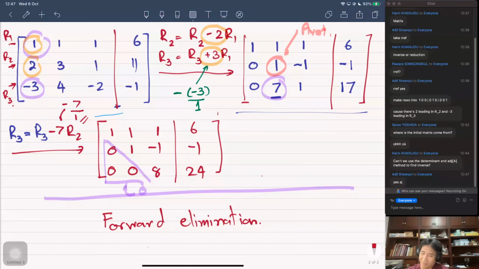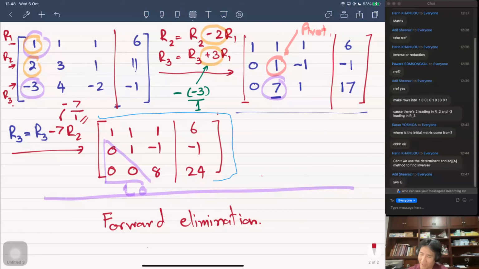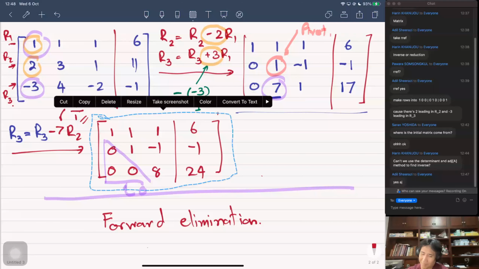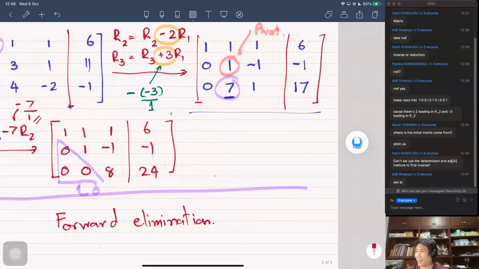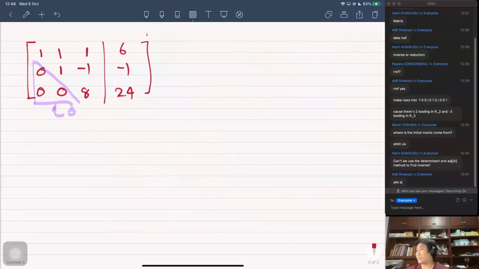What we have left to do is to turn this into the row echelon form. I think I called it correctly, I'm not sure, but you want the left-hand side to be the identity matrix. So we're going to do backward substitution.